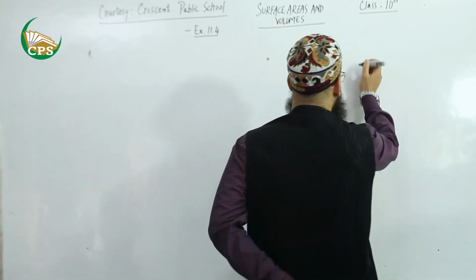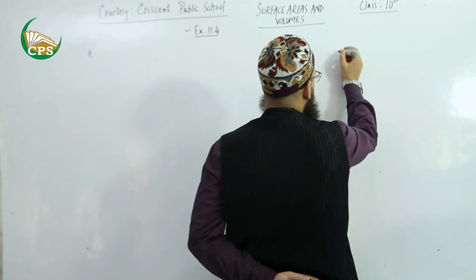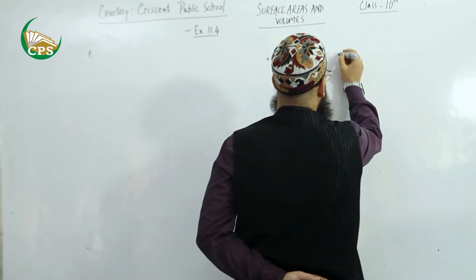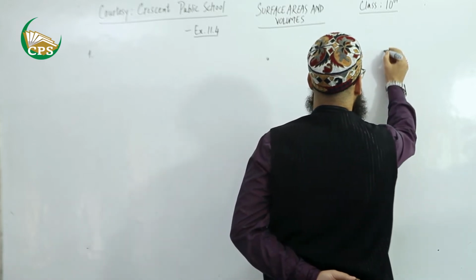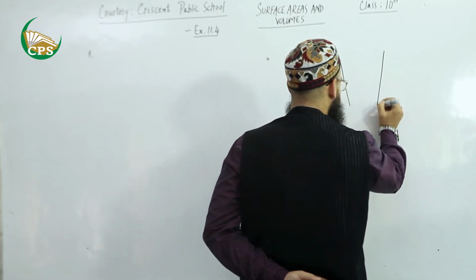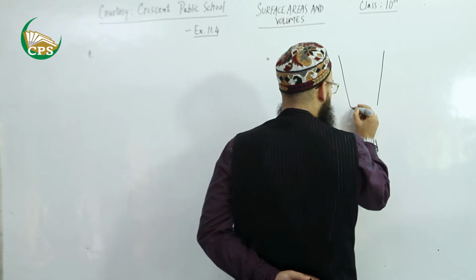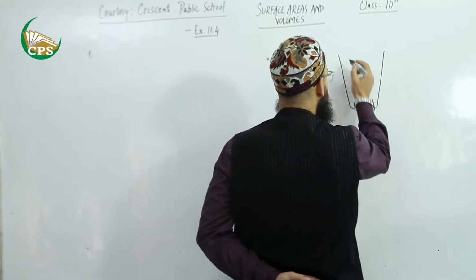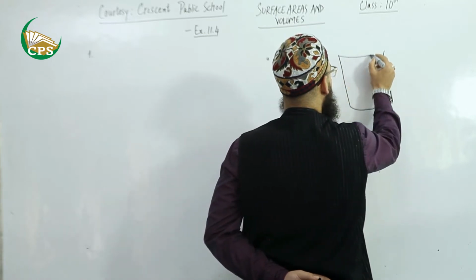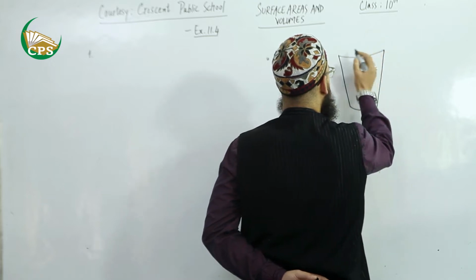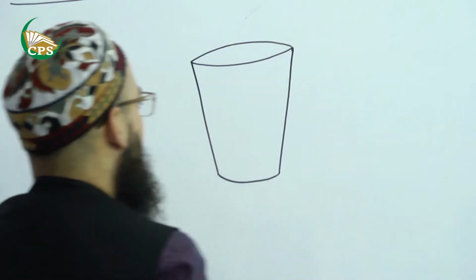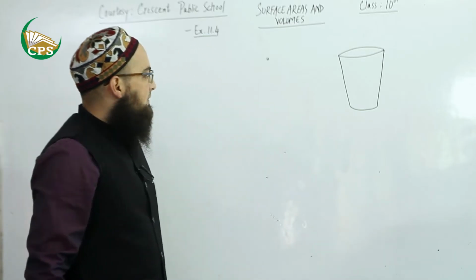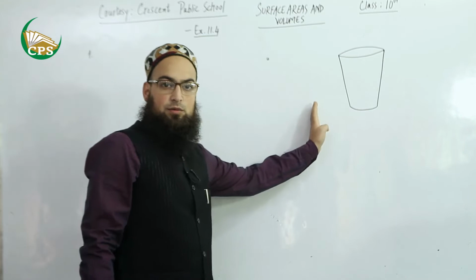Let me draw a figure for this. Just like this. This is a drinking glass, which is of the shape of a frustum of a cone.